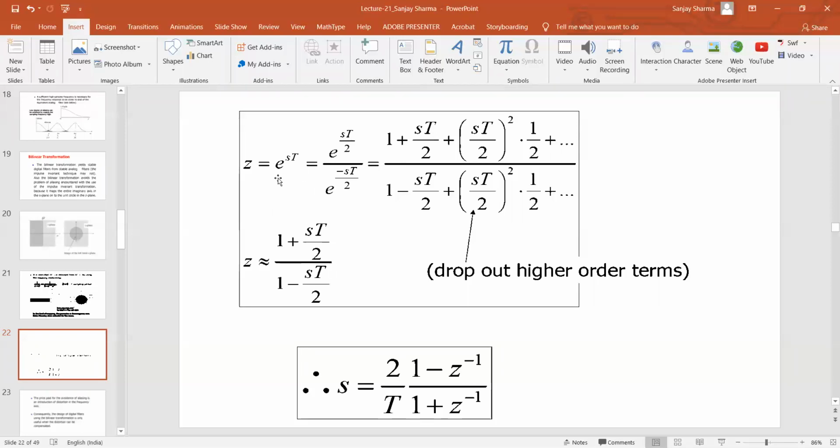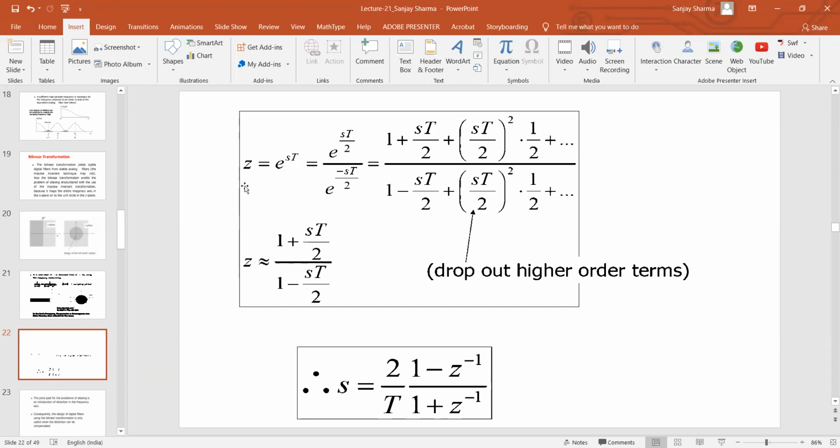This is how they are related. So z is equal to e to the power sT.